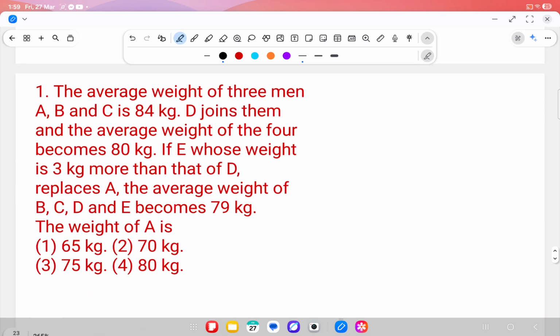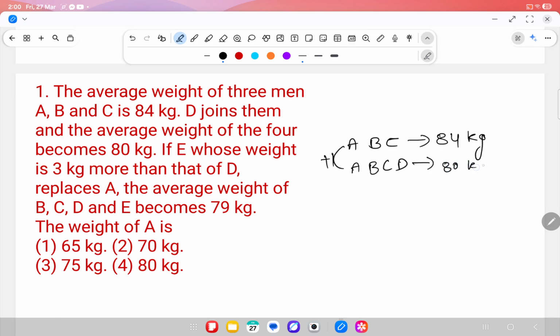See, the average weight of 3 men A, B, C is given as 84 kgs. D joins them. How many more people joined? Plus 1 joined. The average becomes 80 kgs.